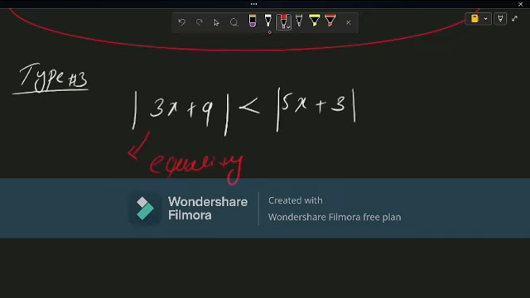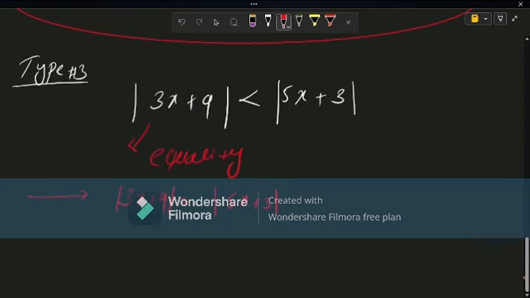So when you make it as an equal sign, that gives you mod of 3x plus 9 is equal to mod of 5x plus 3. Then because it contains mod on both sides, you can use the first method, that was taking the square. (3x plus 9) whole square is equal to (5x plus 3) whole square.